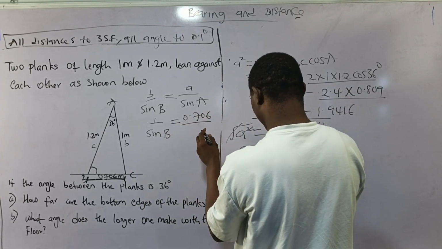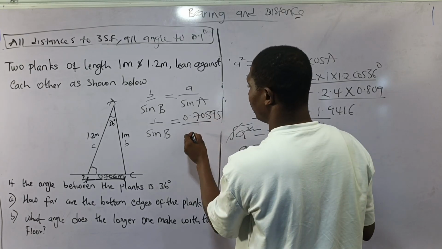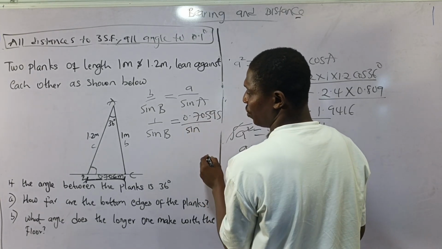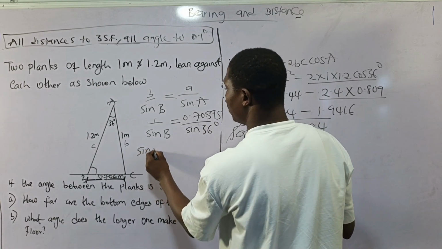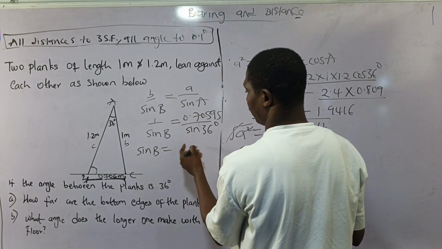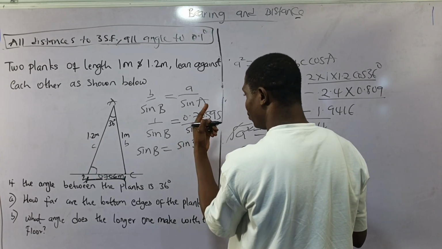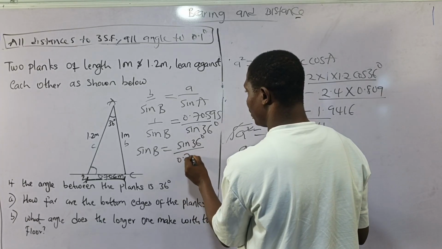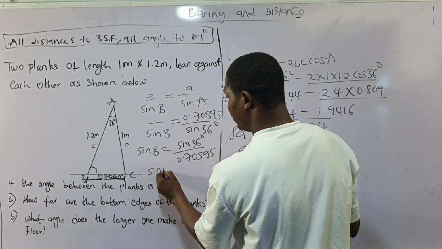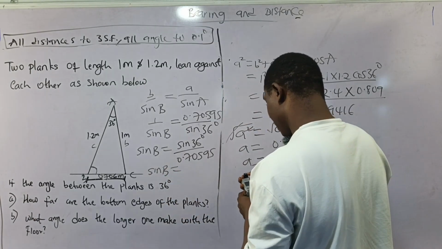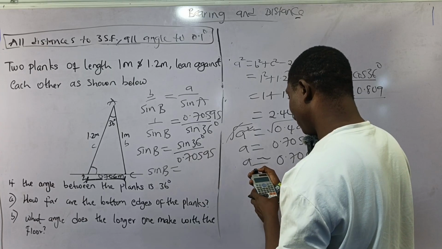0.706. Remember I told you not to use approximated values. My A is 36 degrees. So sine B will be equal to sine 36 degrees, because 1 times sine 36 degrees will still give sine 36 degrees, all over 0.70595. So sine B will be equal to sine 36 divided by the previous answer.